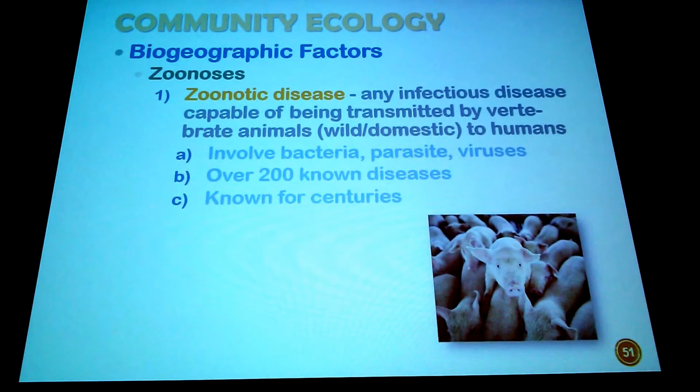Now, it still wasn't clear what viruses were, but he knew there was some kind of infectious agent that was transmissible, something that could cause a disease that could be carried from one organism to the other. And thus, this whole idea of viruses began. And that was looking at the late 1800s. And of course, one of the more recent zoonotic diseases that made the news was the swine flu.